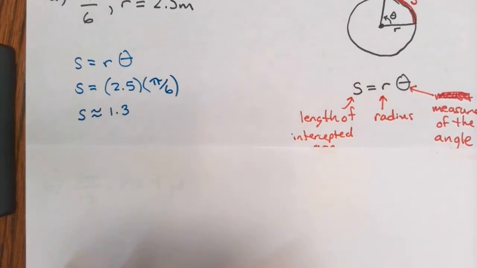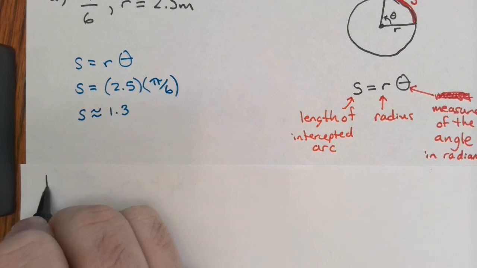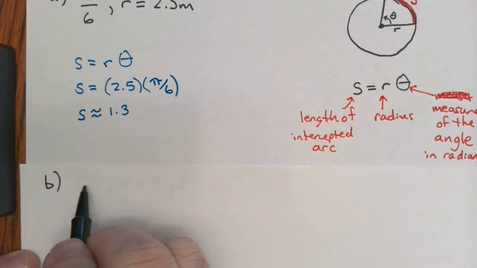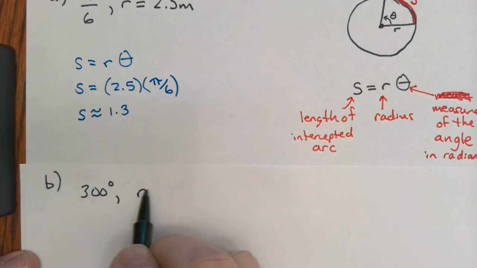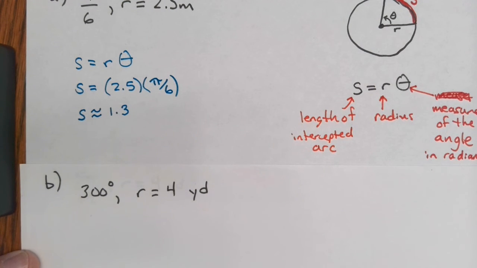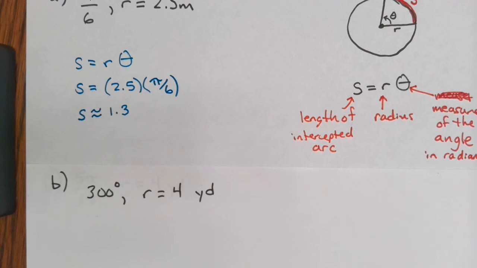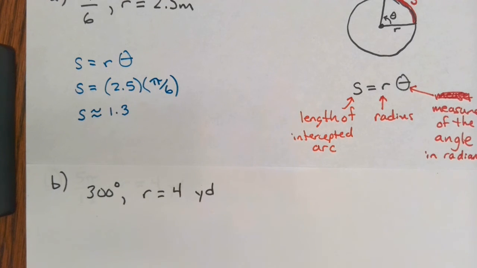For letter B, we're going to do 300 degrees, and R is equal to 4 yards. So again, we want to use this formula. S is equal to R times theta.